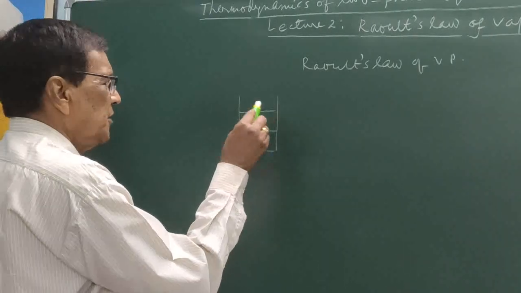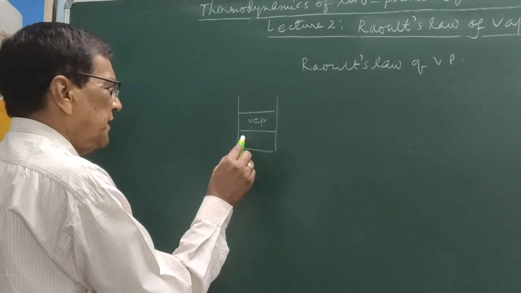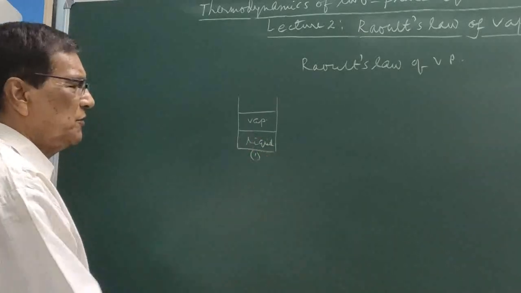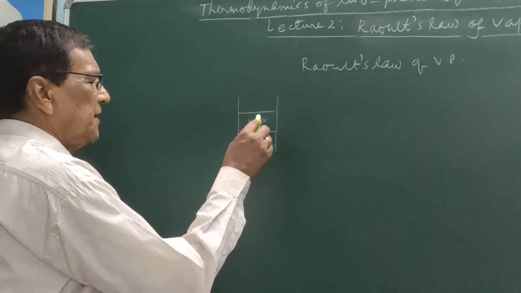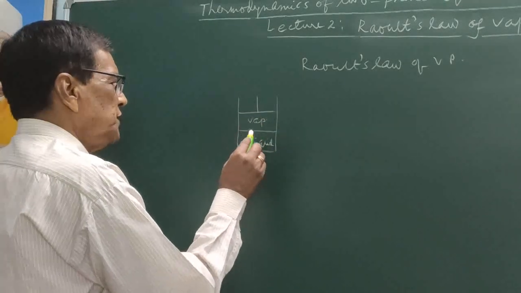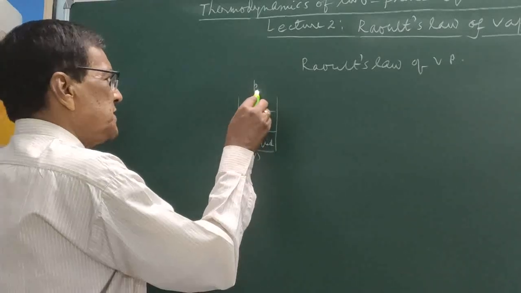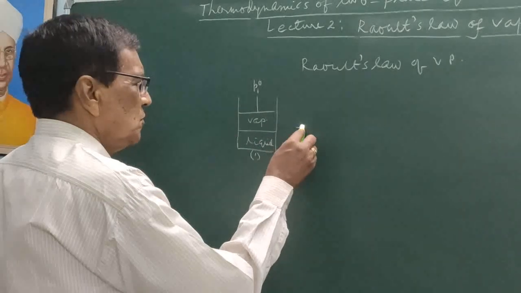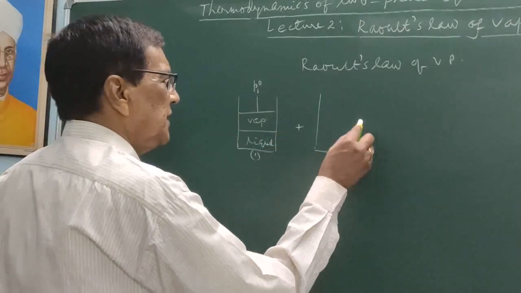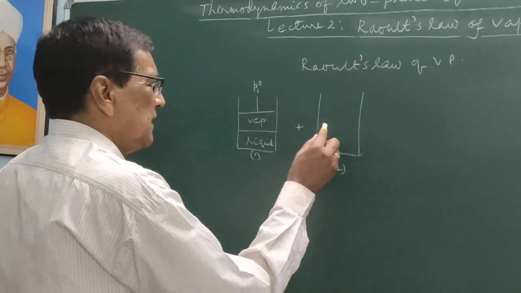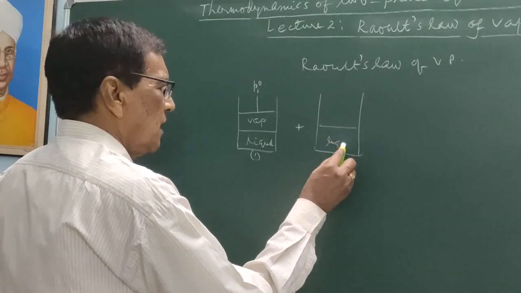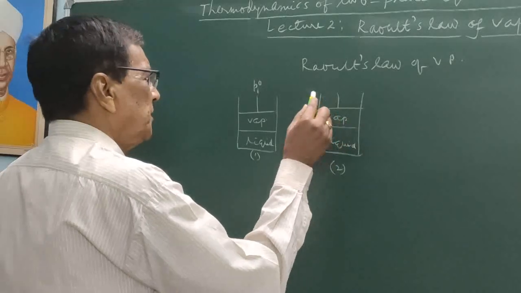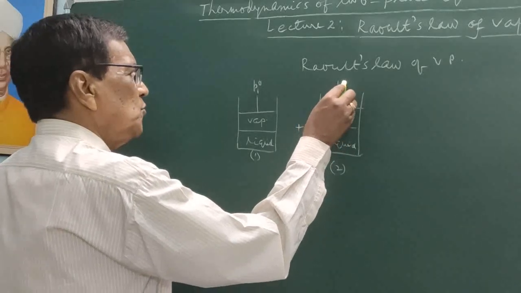It is the vapor and it is the liquid. Say one liquid, the first liquid, and the vapor pressure of this liquid in pure state is P1 naught at a given temperature. Plus another liquid, liquid 2, here it is liquid and here it is vapor, and the vapor pressure is suppose P2 naught.